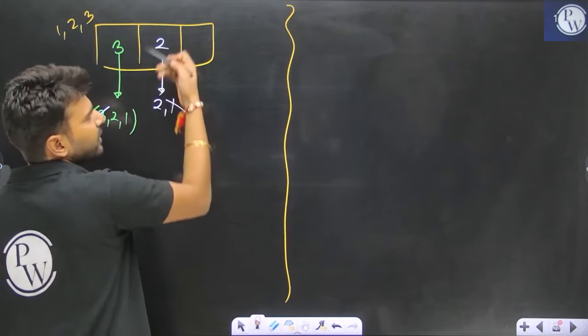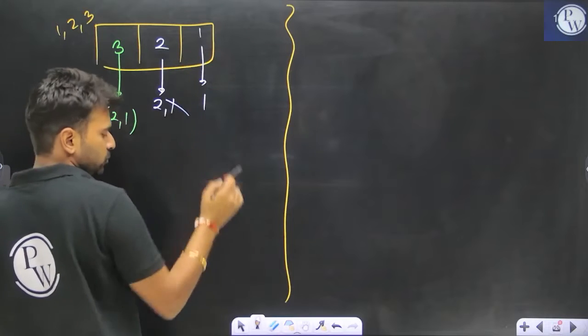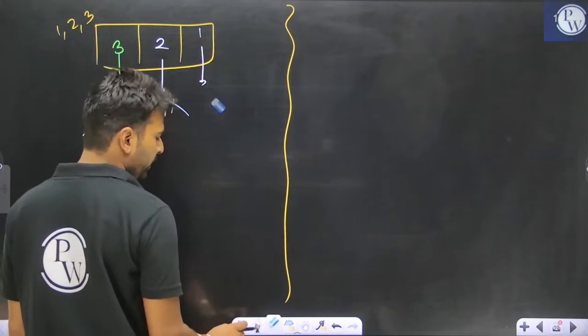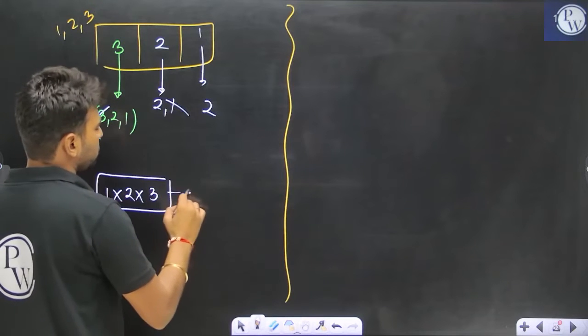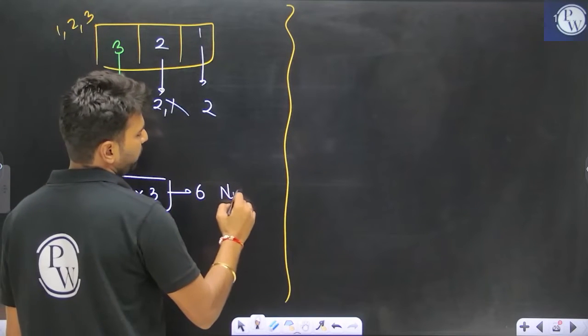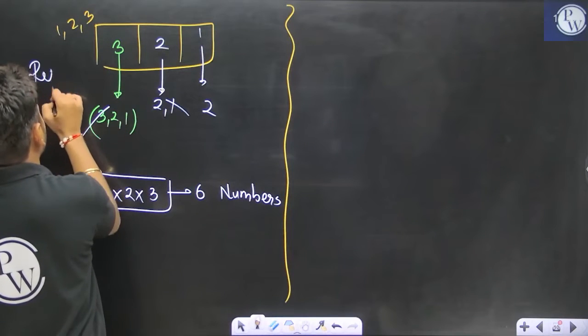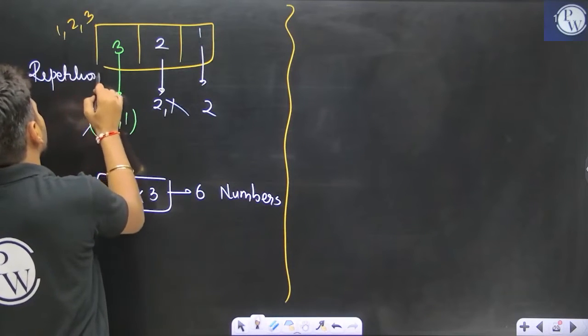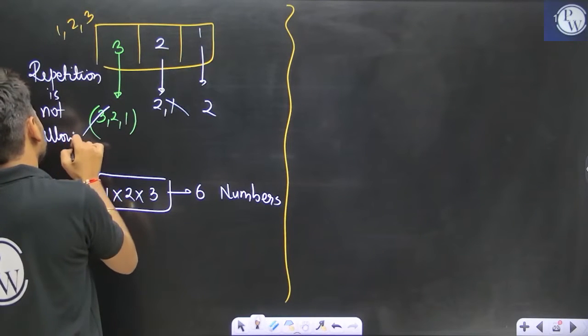Let's say 1 I have filled over here, so over here we are left with only 1 choice, only one choice 2, yes or no? So over here we can say that 1 into 2 into 3 number of ways, so that is 6 numbers can be formed. Over here I am saying that repetition is not allowed. I hope you people understood this particular thing.